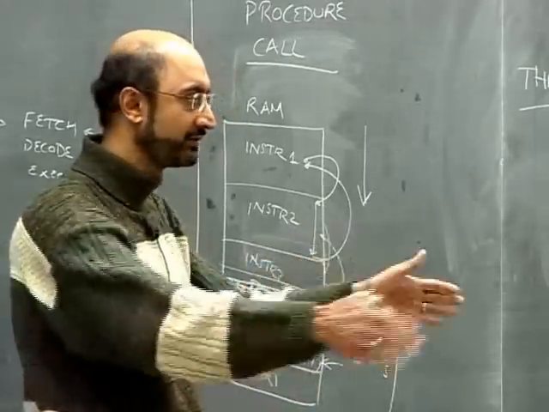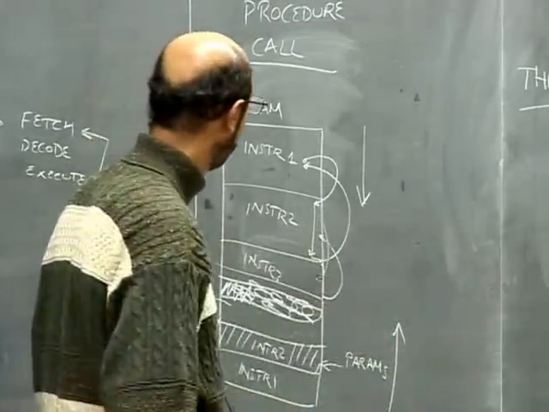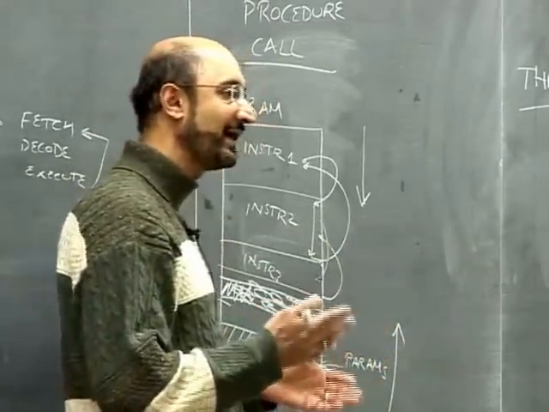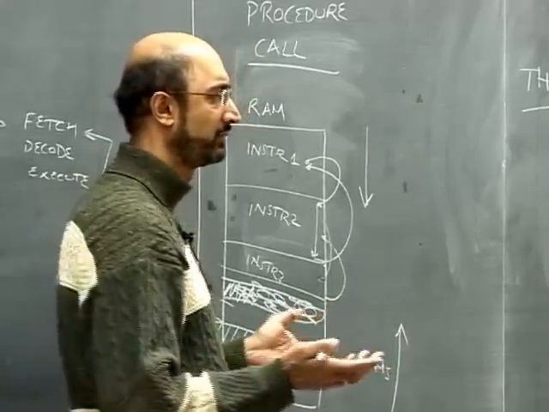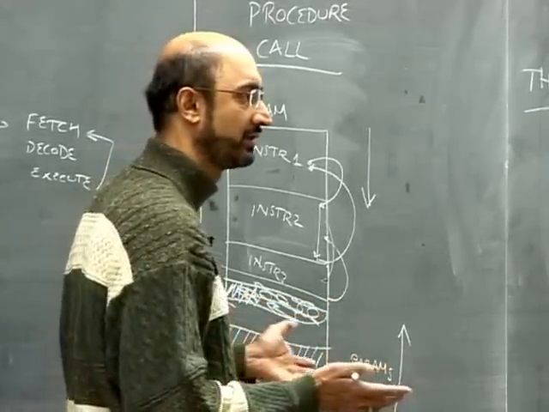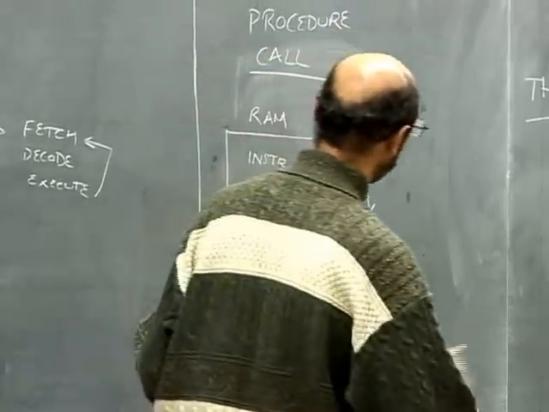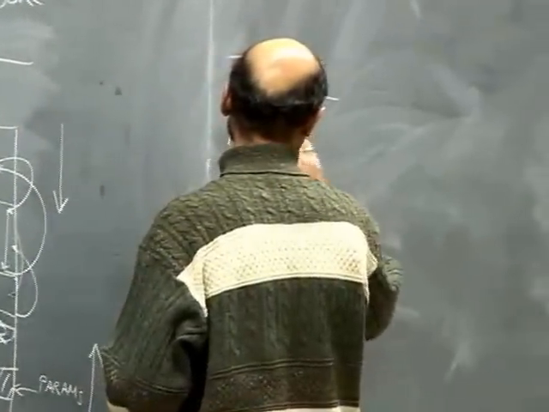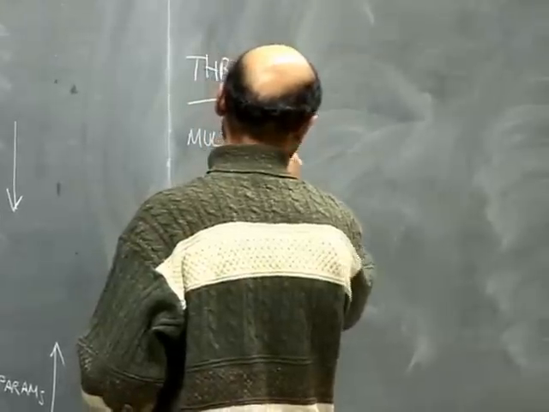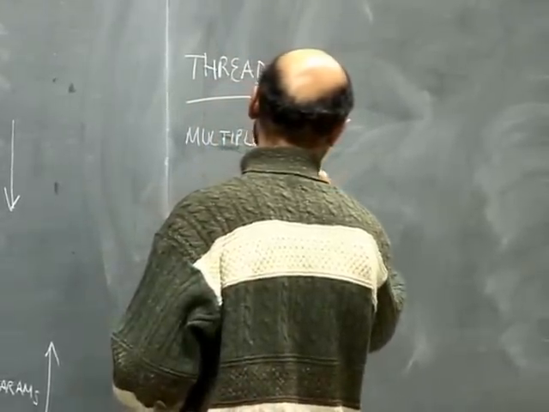Everything is split; the entire process is split. Threads can be thought of as having just the ability to have multiple stack pointers. That's really what it comes down to. Multiple stack pointers, and I should say, multiple program counters and stack pointers.